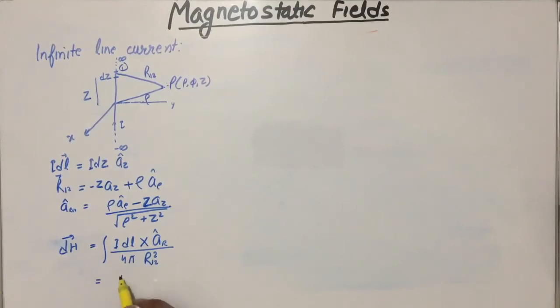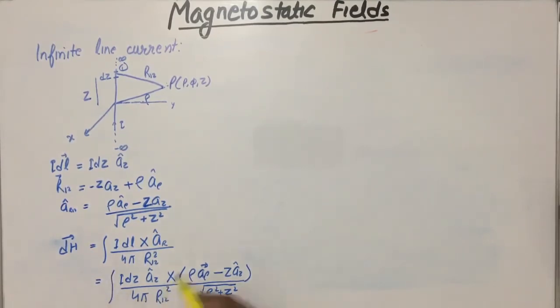It will be IDZ AZ cross (rho arrow minus Z AZ) divided by rho square plus z square, and divided by the full term that was already available, 4 pi R12 square.